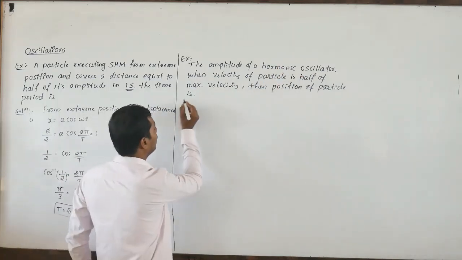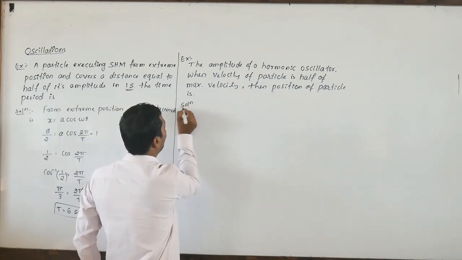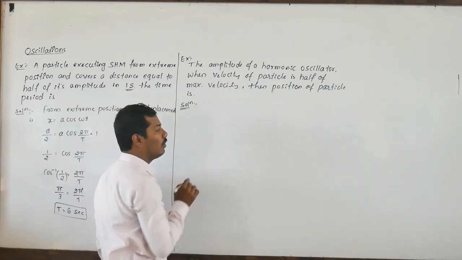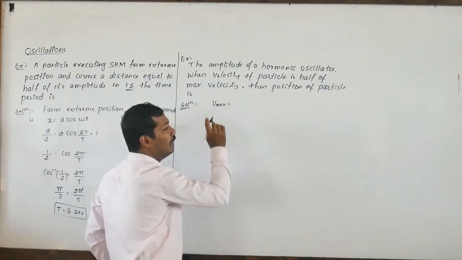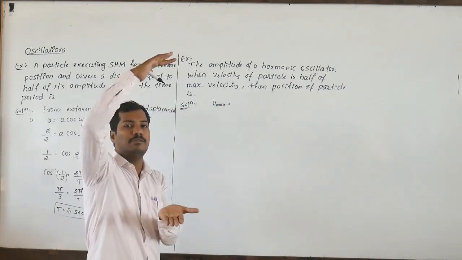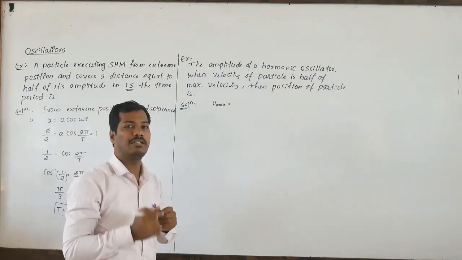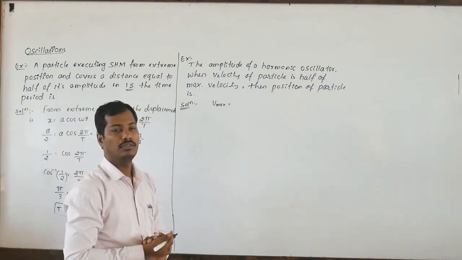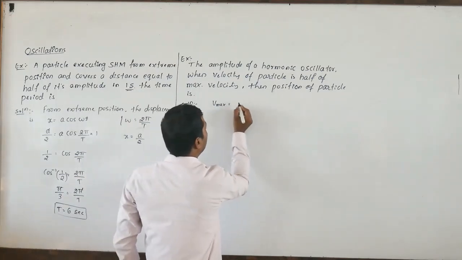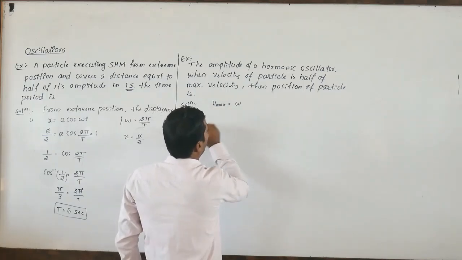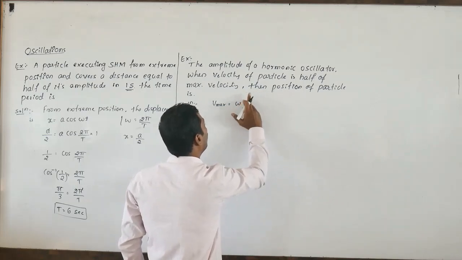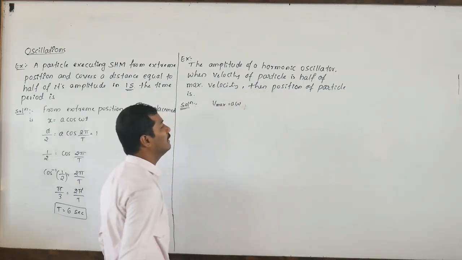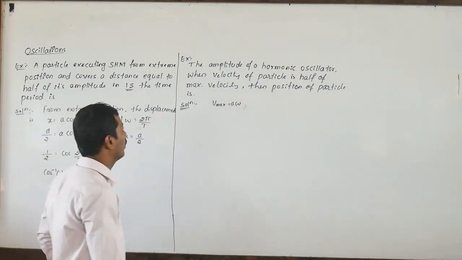We already know what the maximum velocity is. It has the maximum displacement, which is its amplitude. Its maximum velocity is omega into a, or a omega.